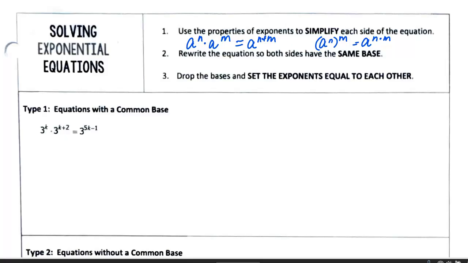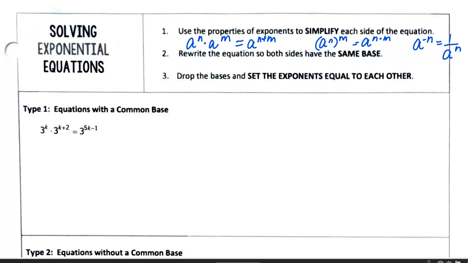I forgot one more that we need to know, which is more handy for equations without a common base: if we have a negative exponent, that just makes it a fraction. It doesn't make it negative, it just flips it and makes it a fraction. When solving exponential equations, we use these properties to get a single base on each side.